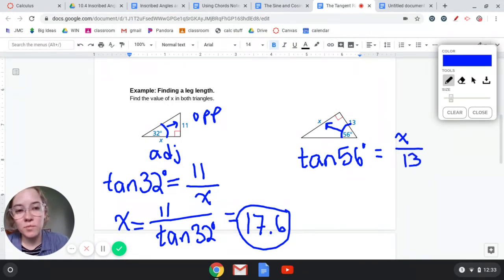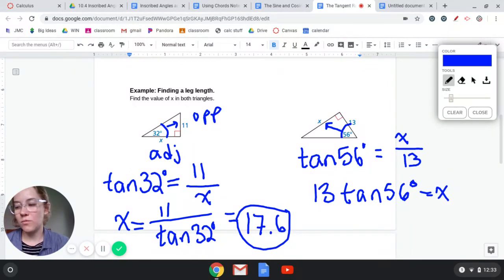To get x by itself, multiply both sides by 13 to get 13 times the tangent of 56 equals x. It's 56 degrees. So now use your calculator, type 13 times tangent of 56, so tan 56, to get 19.27 equal to x.